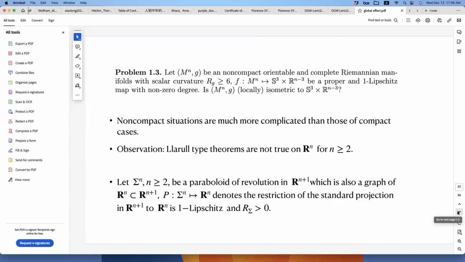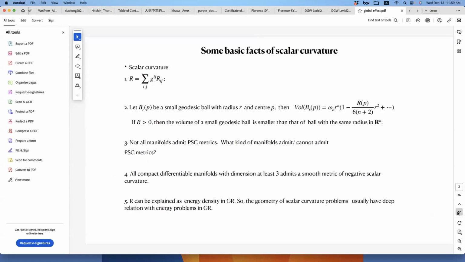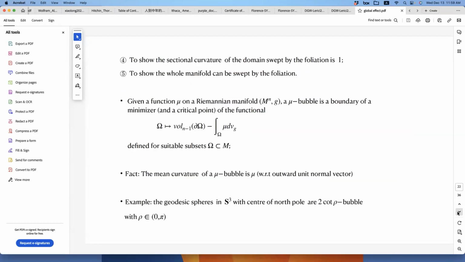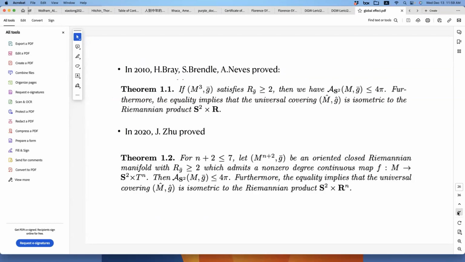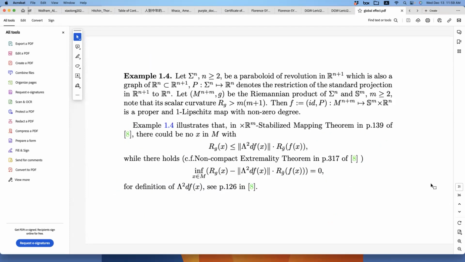Now, by modifying a little bit, we can get the following examples. Let Sigma^n be a paraboloid of revolution in Euclidean space, and P denote the projection. Let (M, g) be the Riemannian product of Sigma^n with the m-dimensional sphere, where we assume m is bigger than or equal to 2. Then the scalar curvature of this product metric is strictly bigger than that of the m-dimensional unit sphere.